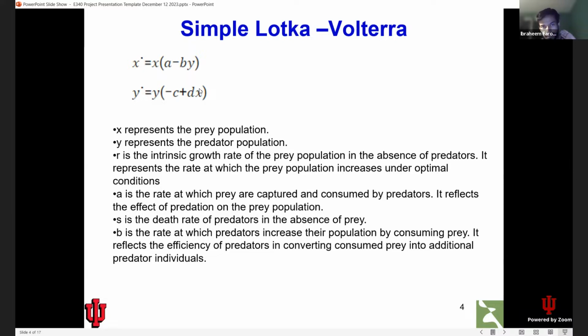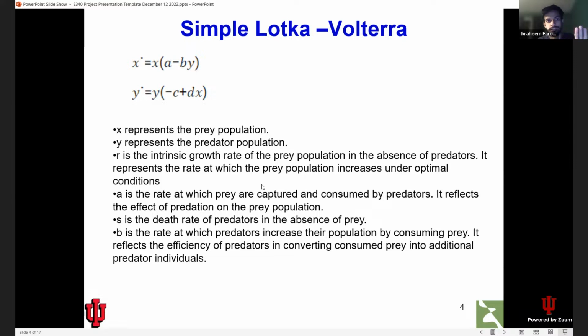This is for a similar reason: this also incorporates the reproductive rate of the predators. That's what this is also meant to simulate, which is why it is also dependent on the population of the predators. So it's almost like if they can eat and they can reproduce, then they will grow.